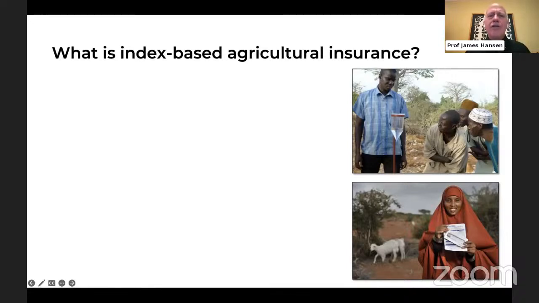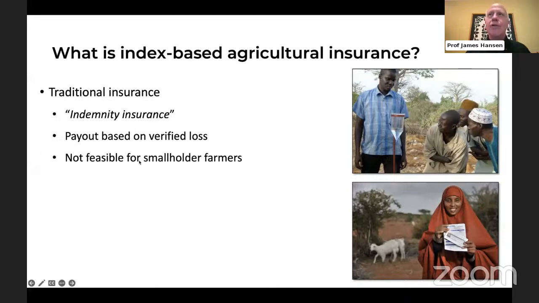So to understand index-based insurance, the best way to do that is compare it with traditional insurance. It's also called indemnity insurance or loss-based. It compensates for a particular loss.